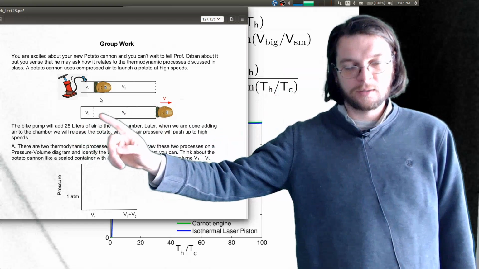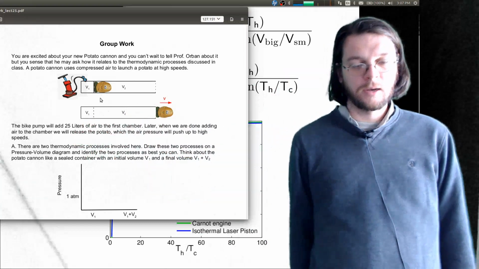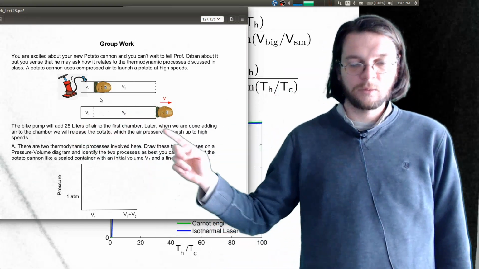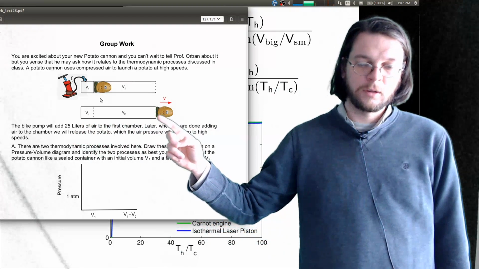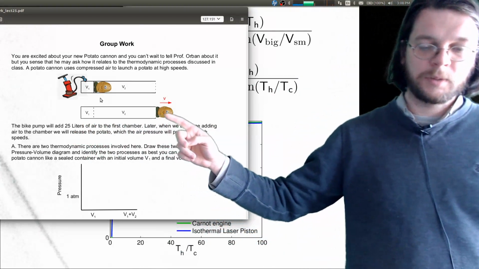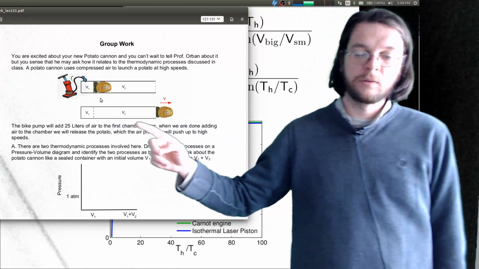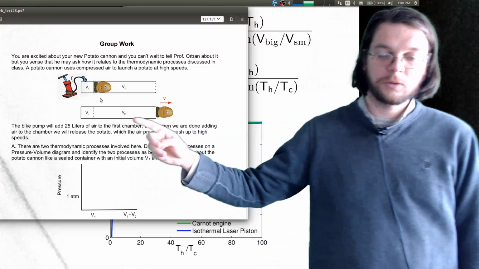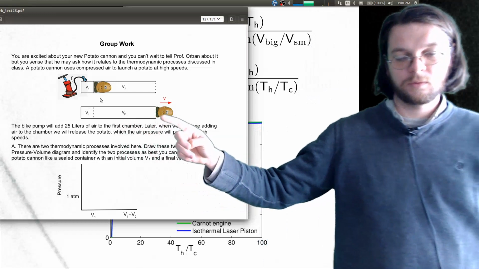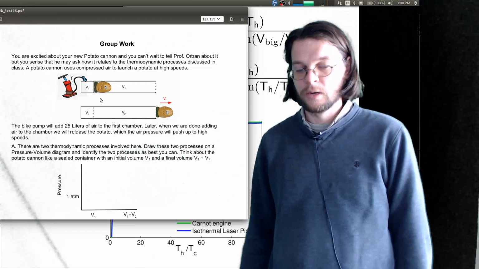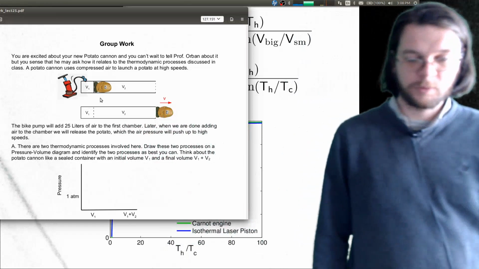But in any case, this thing is going to expand out, and we need to figure out what this final pressure is as the potato is leaving, because that can help us figure out what the average pressure was, which can help us figure out what the average force was, which can help us figure out what the velocity of the potato was as it was leaving the potato cannon.